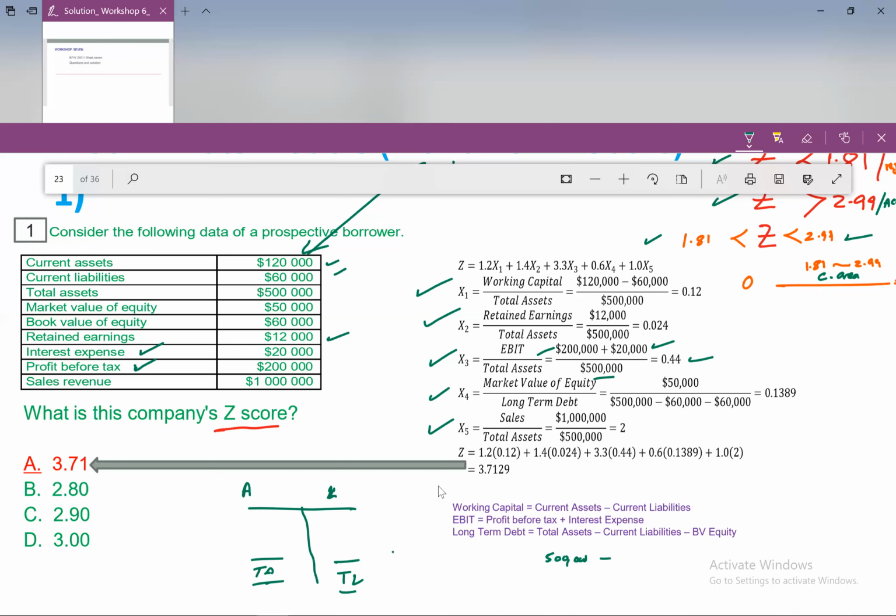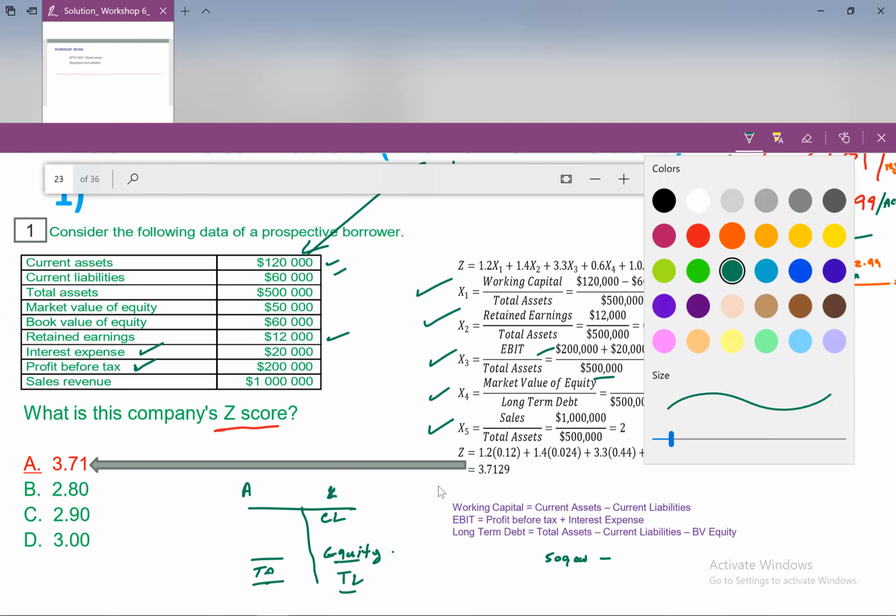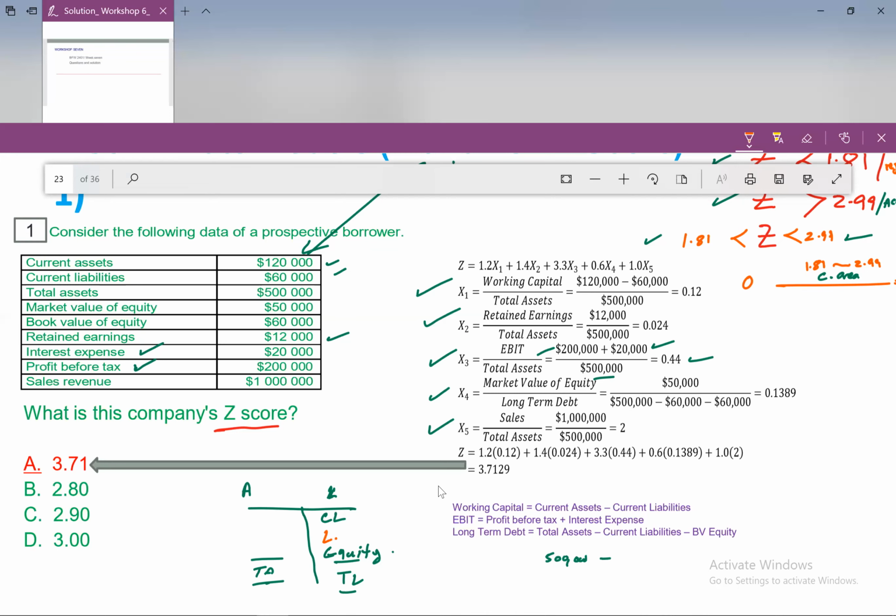So here there is what we call current liabilities, and we have here equity, and we have here our friend, the long-term debt.